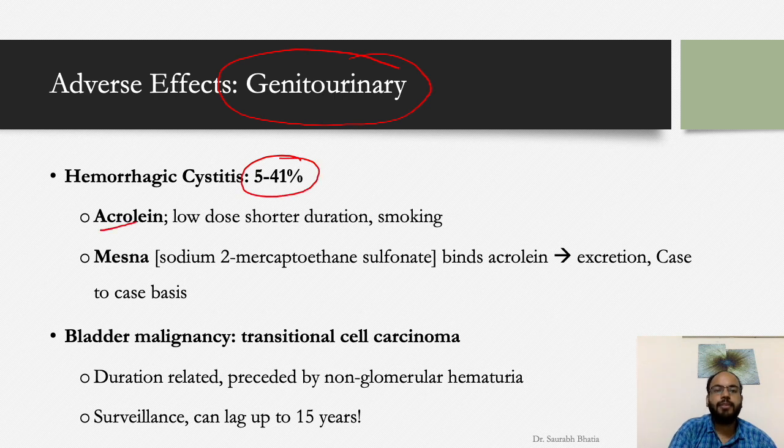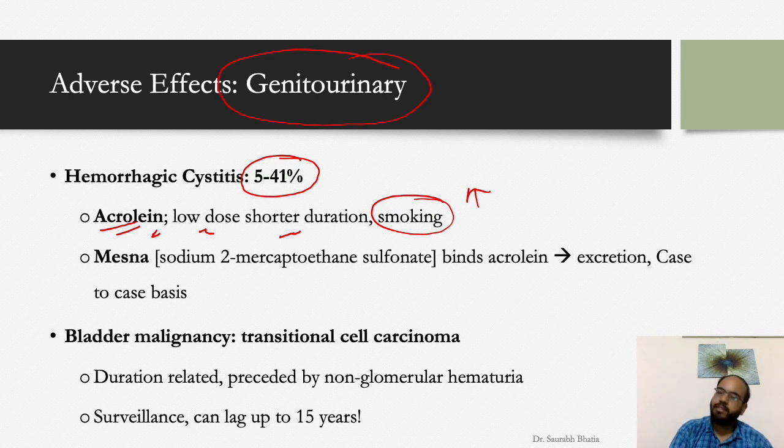It is majorly because of acrolein, a toxic metabolite of cyclophosphamide. Smoking is an independent risk factor for bladder carcinoma, so this also increases the risk. Acrolein, even in low doses and shorter duration, can lead to bladder carcinoma and hemorrhagic cystitis.